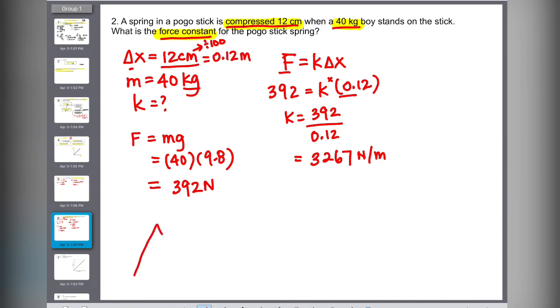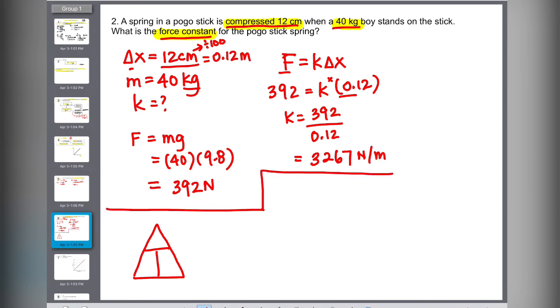But one way that we have been doing is I'm just going to do it on the side, because this is the way that I'm used to teaching, depending on how comfortable you are with rearranging equations. If you're not, use your magic triangle. F is K times X. Times means they're beside each other. I've been teaching you how to build your magic triangle, even if you're teachers or you don't have it.